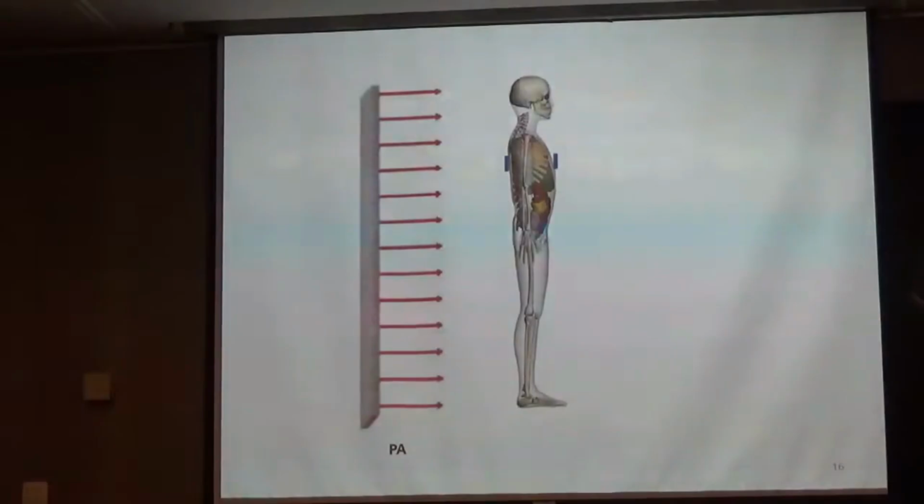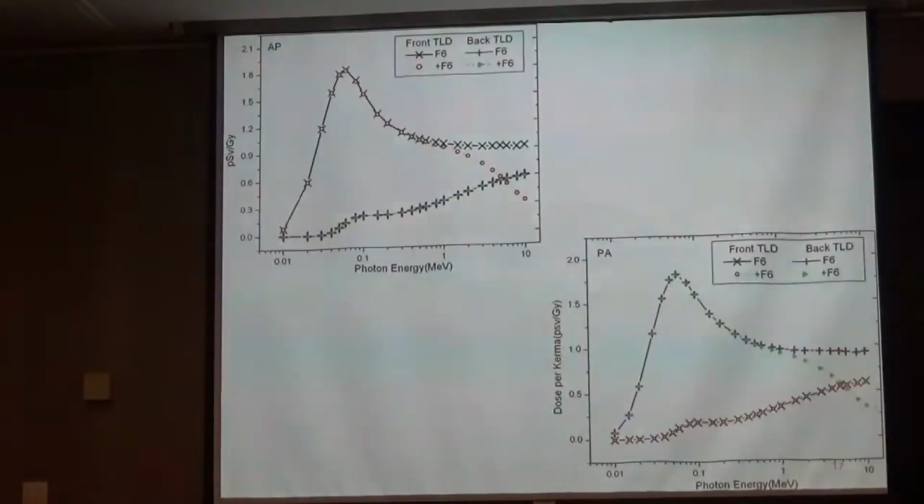If the phantom is irradiated from AP, this figure is the response of the TLD versus photon energy. If the phantom is irradiated from AP, this figure is for AP and this figure is for PA.